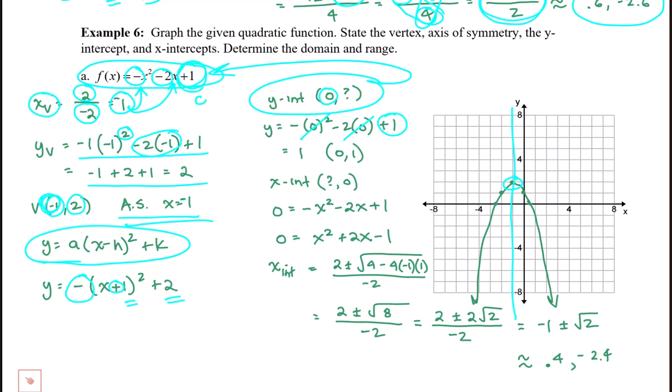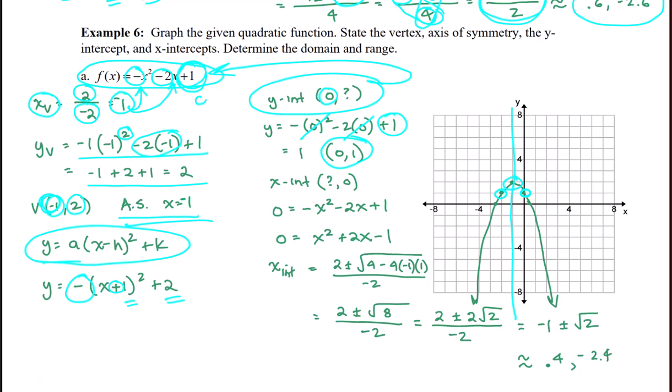Isn't that c? So be careful. But you're right, it's the number by itself. It's still easy. Y-intercept is 0, 1. And because of the twin point idea and the axis of symmetry, the point on the other side of the axis of symmetry is -3, 1. We can get that almost immediately.